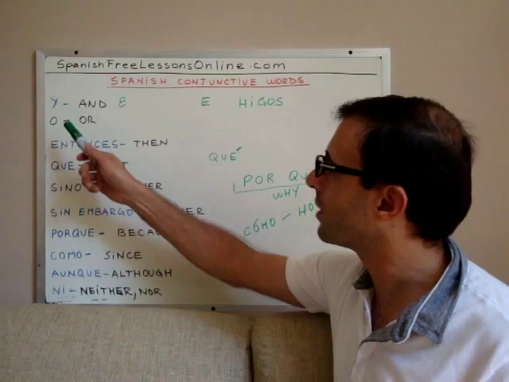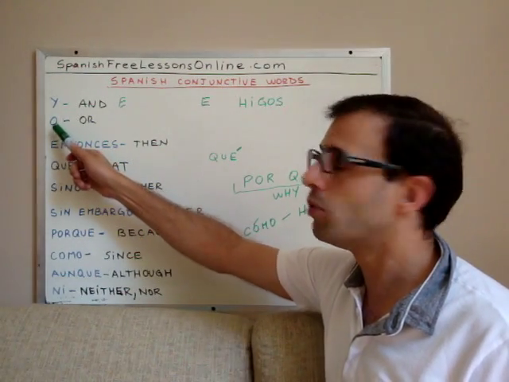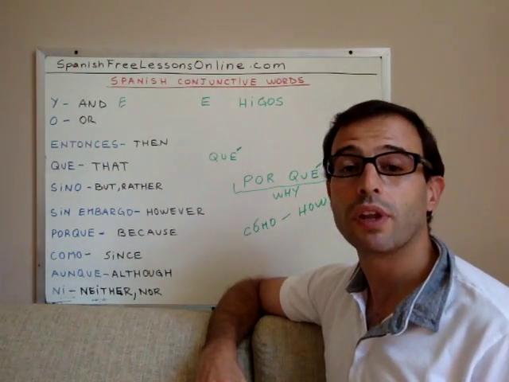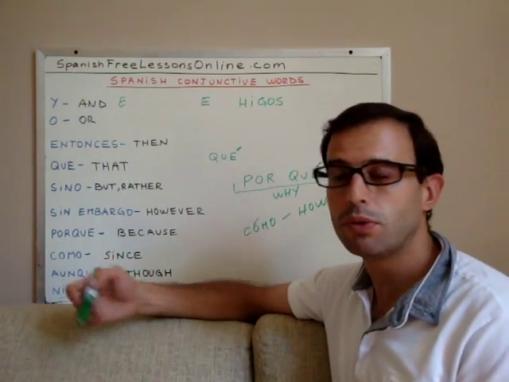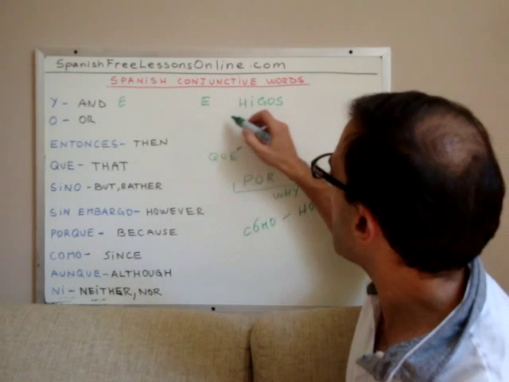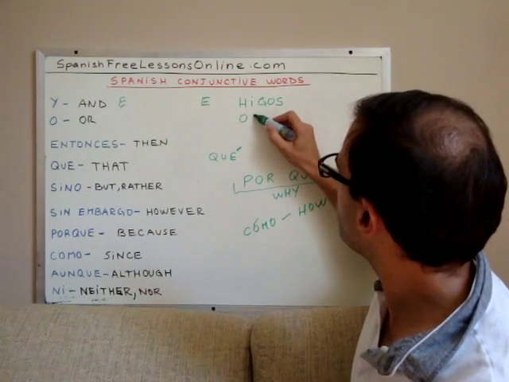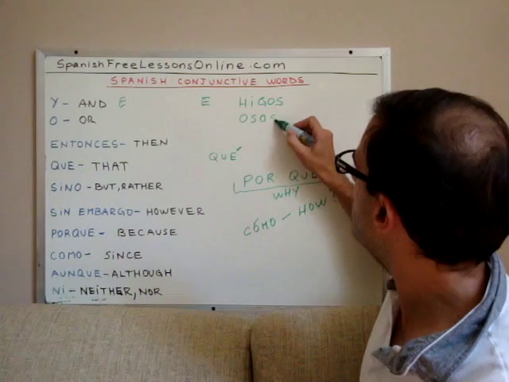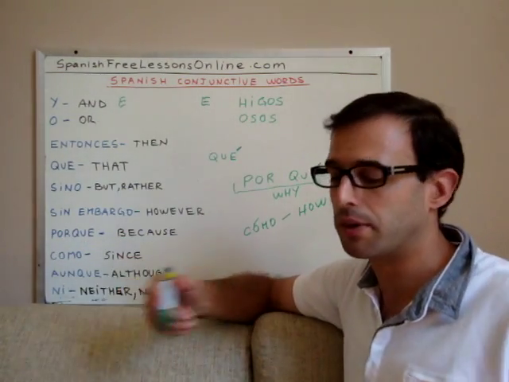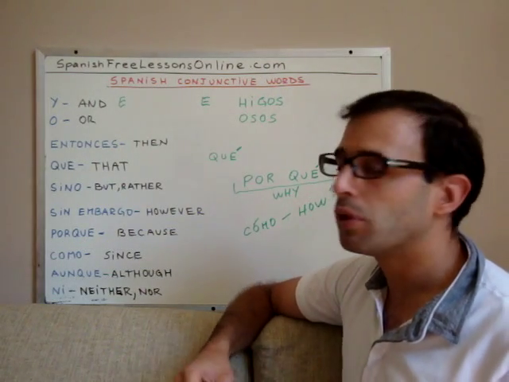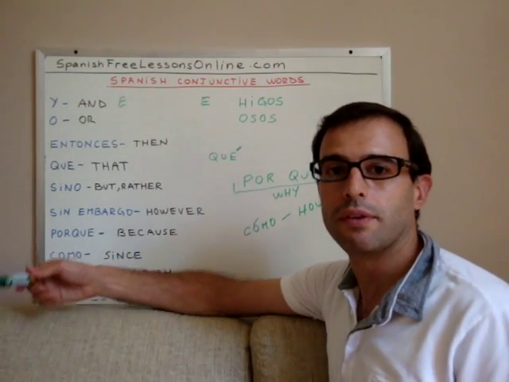Same thing with o for or. If the word that follows the o for or begins with an o also, or ho because the h is mute, the same thing happens. For example, osos is the plural for bear. These are bears. Osos, the animal, the big bear. If we want to say or bears, right?